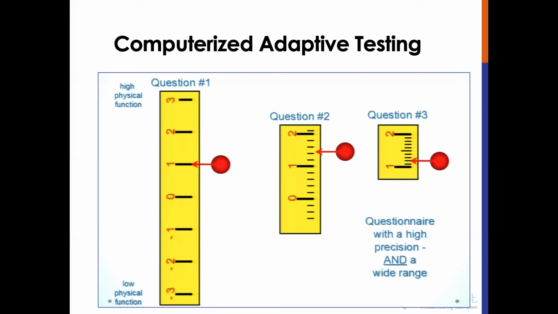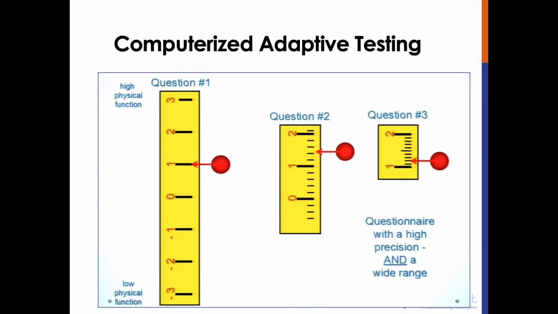Here at physical functioning on the left-hand side, here's a ruler. You zero in on a score that's about, these are in standard deviation units, 1 standard deviation above the average. Now you give another item that works well around there, and you can zero in with more precision to somewhere between 1 to 2, and now you give a third item that works well there, and you can actually add precision.